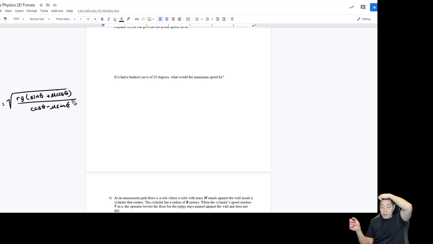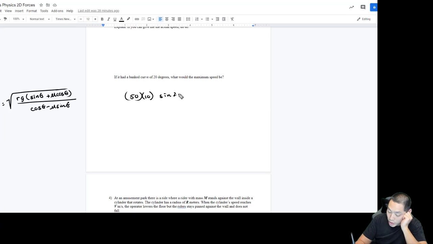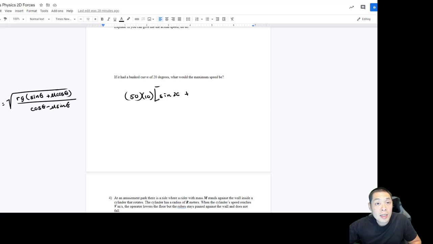So here is our equation. We want to know the maximum speed. It has a banked curve of 20 degrees, and we know everything else already. The radius was 50, gravity is 10, sine of 20 degrees plus the mu, I believe, was 0.2, but let me double check.